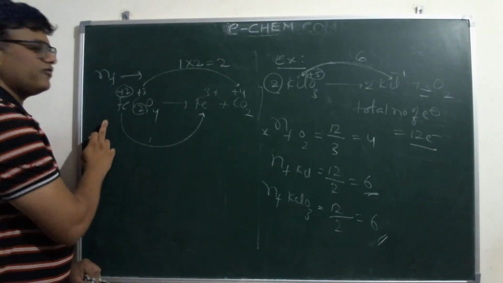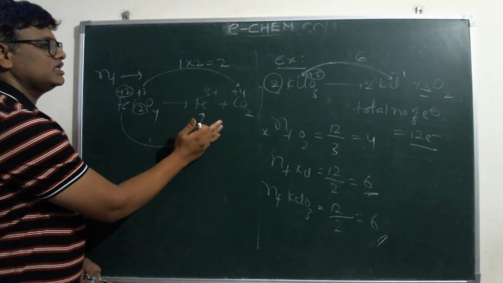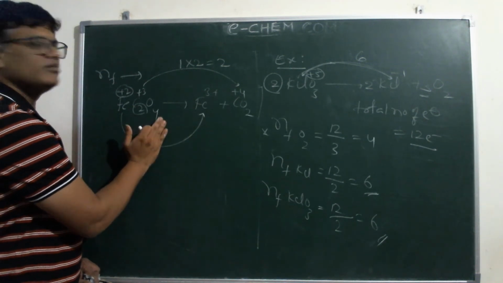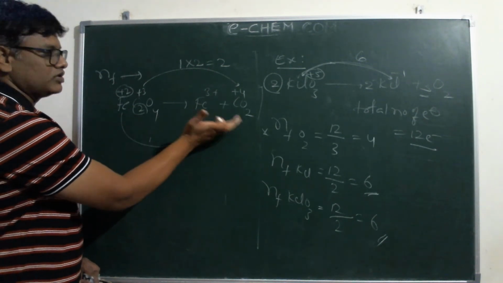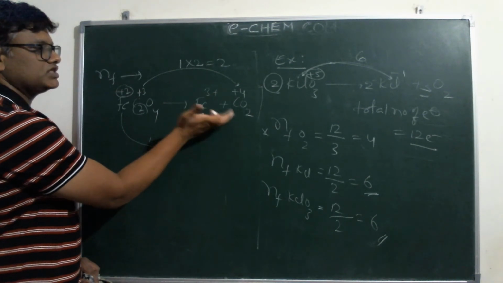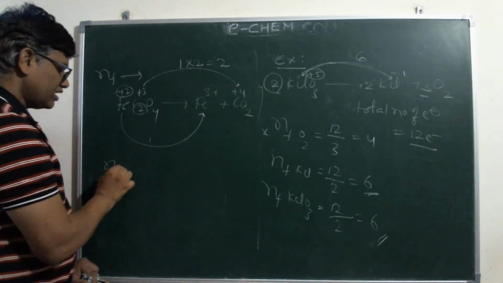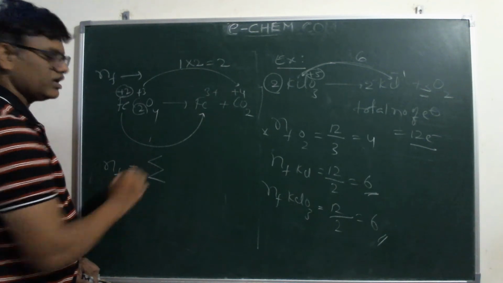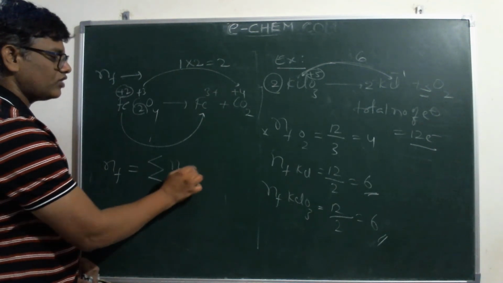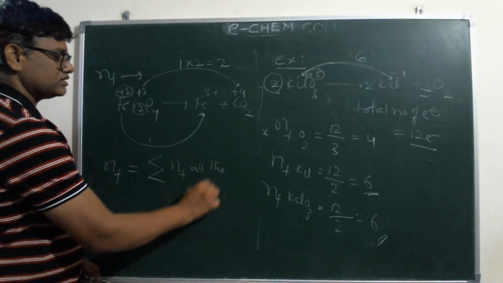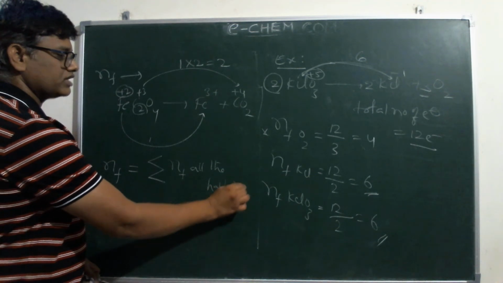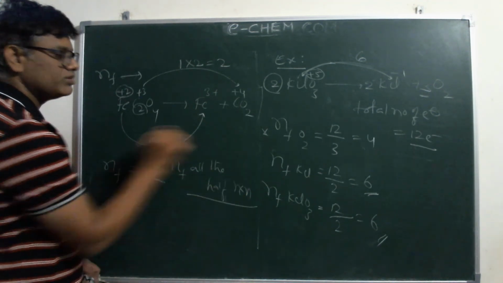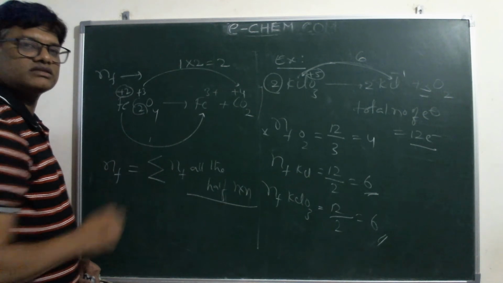If any reaction is proceeding with different elements in the same process, it may be oxidation or reduction, then n factor is to be taken as the summation of n factors of all the half reactions. These half reactions should be the same, it may be oxidation or reduction.